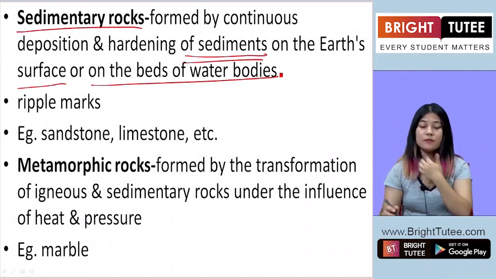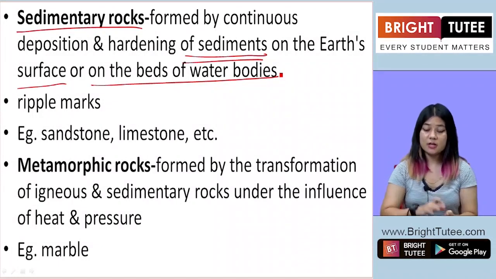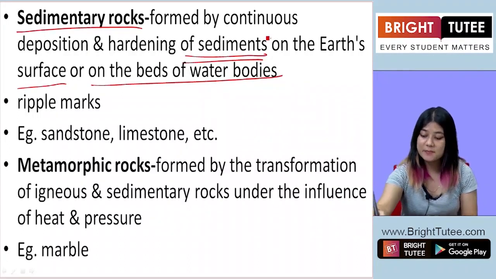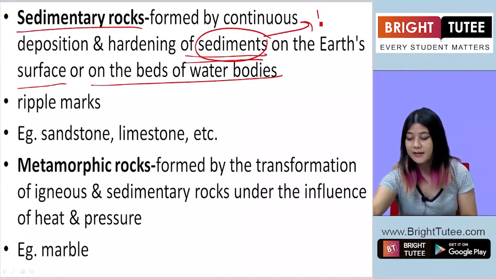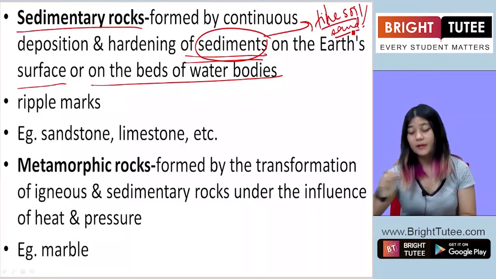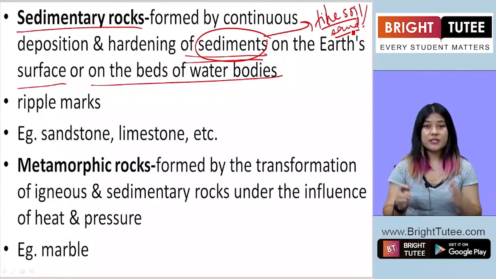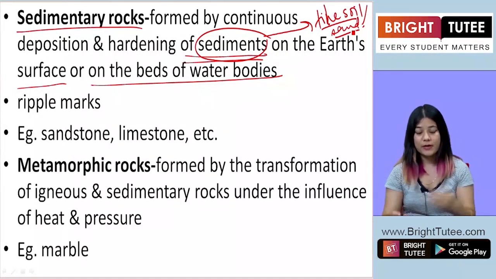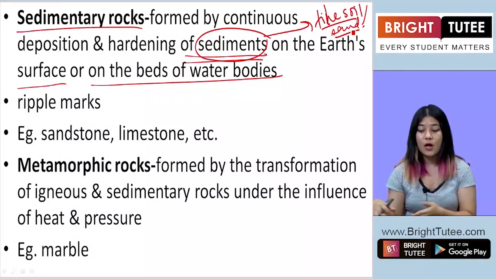These kind of rocks are formed as a result of deposition of sediments. Sediments are fine soil or sand.